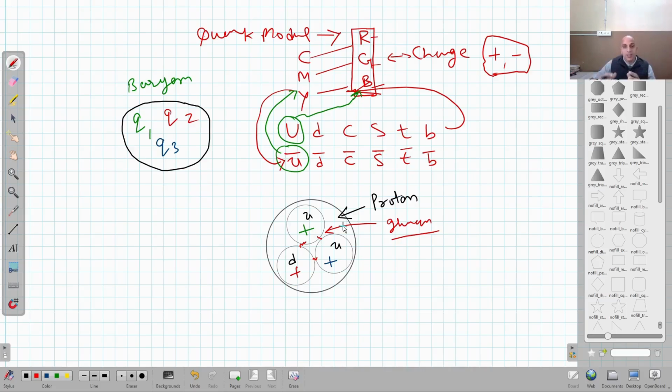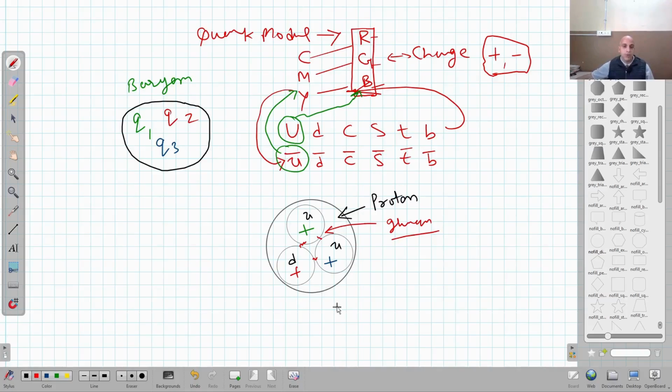And due to this exchange of the gluon particle that moves nearly at the speed of light, these quarks are held together inside the hadron. Here in this case we have a proton, right? So due to this the proton is stable, right?